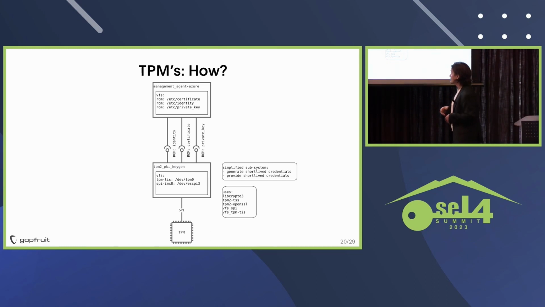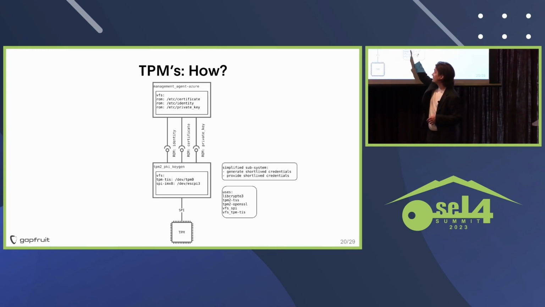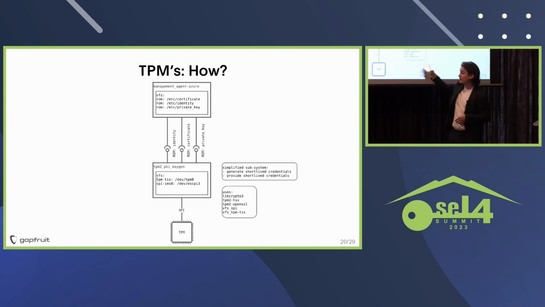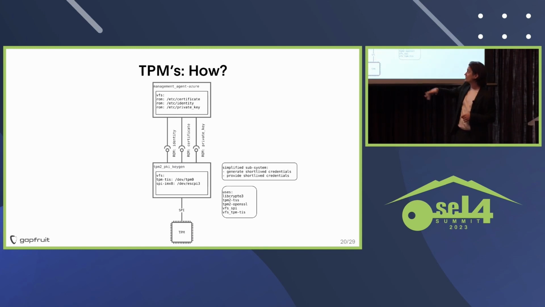And the TPM2 TSS expects /dev/tpm0 as in Linux, so we provide that with this VFS mechanism. This kind of shows the power of the VFS mechanism that Genode provides. So essentially, TPM-TIS also expects a virtual file, which is provided by the SPI plugin. And here, then, the communication goes to the TPM.